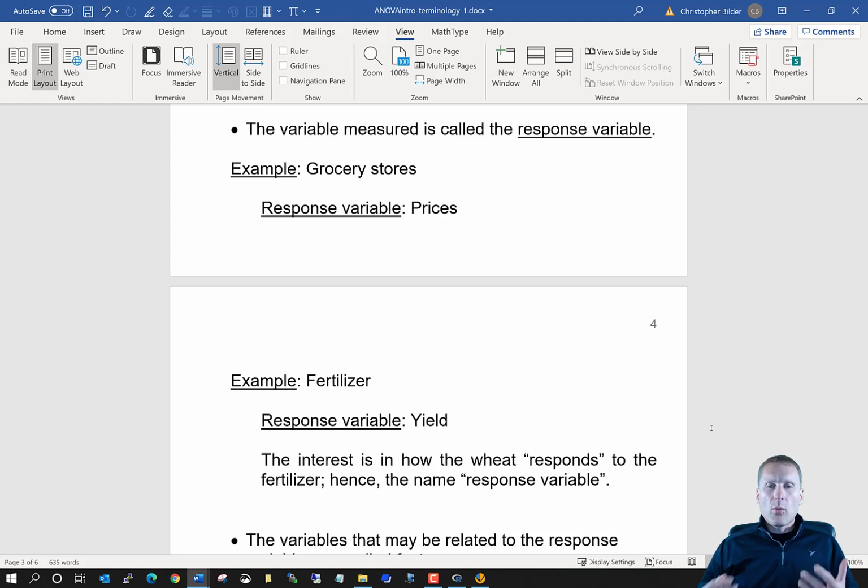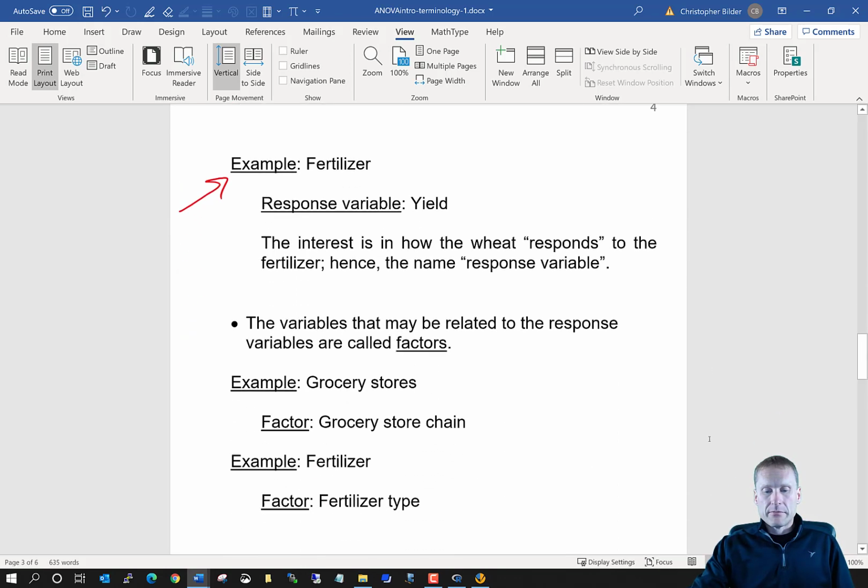The reason why it's called a response variable can be seen from this second example. I'm going to apply fertilizer to some land, and also plant some wheat. My response variable is the yield. In other words, we're interested in how the wheat responds to the fertilizer. Thus, yield is my response variable. In the grocery store example, our response variable simply would be prices.